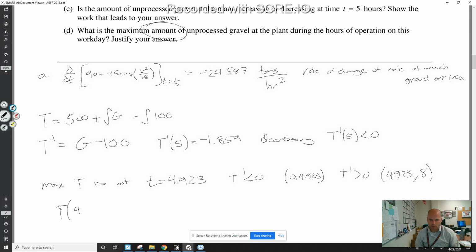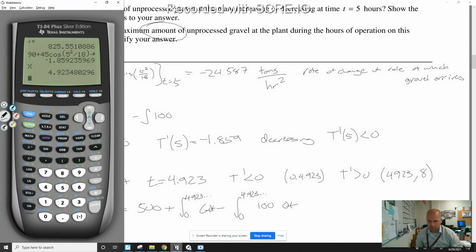So T at 4.923, I'm going to dot it so that I know to put everything in, equals 500 plus the integral from 0 to 4.923 of G minus the integral from 0 to 4.923 of 100. And let's find that.